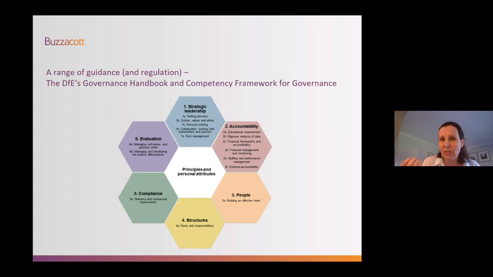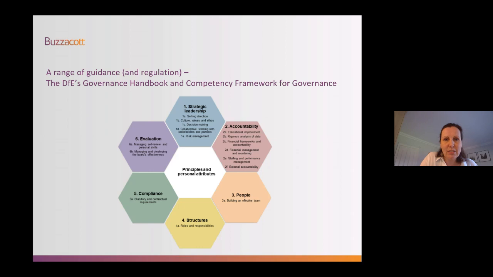So that focus on strategic leadership, having values, the decision making, strong risk management, accountability, very much focusing here in terms of the financial accountability, but also educational improvement as well. How does the board work to ensure all of these themes here are being met, and that you're working effectively as a board? And again, that sort of evaluation aspect comes through here as well, working with the people within your organisation.